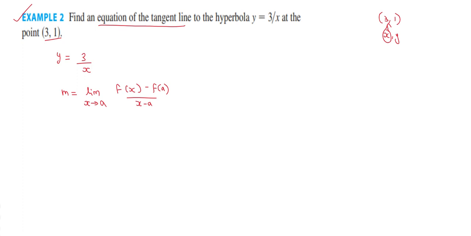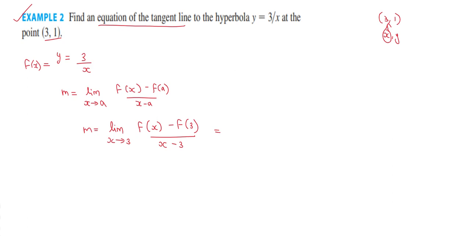So m is equal to limit x tends to 3 of f of x minus f of 3, divided by x minus 3. In place of f of x, we write 3 by x, since y equal to 3 by x is our function f of x.